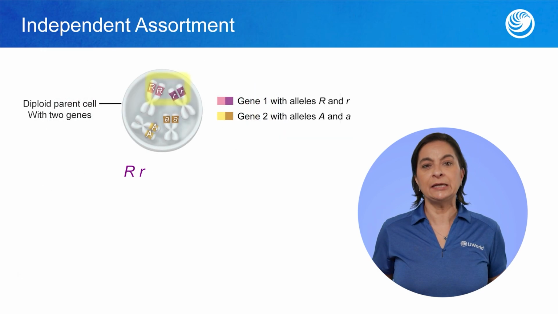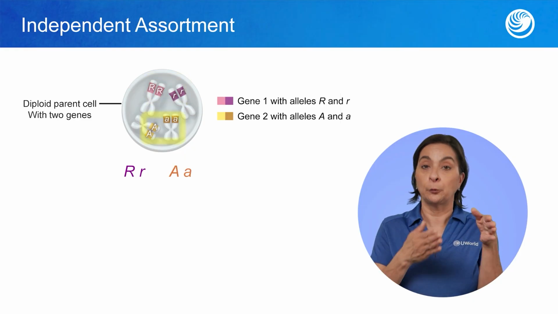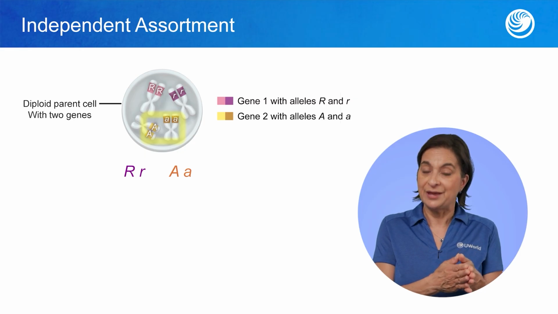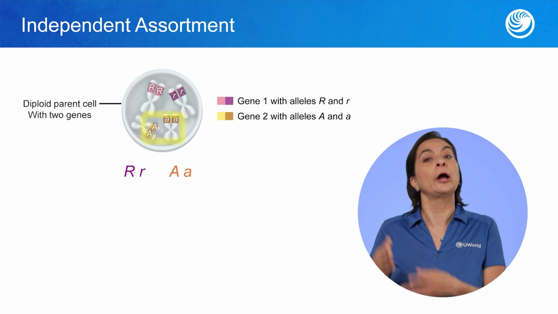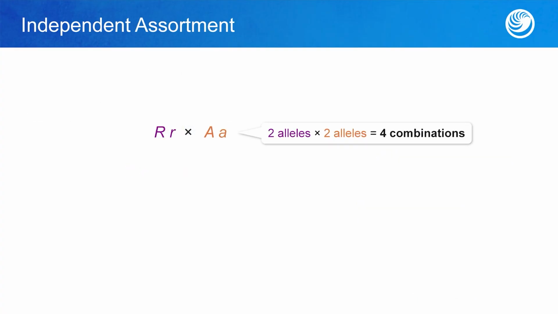So we can see here that a diploid cell with 2 different alleles for a gene on one pair of homologous chromosomes and 2 different alleles for another gene on a second pair of chromosomes can produce haploid gametes carrying 4 different combinations of alleles for those 2 genes.